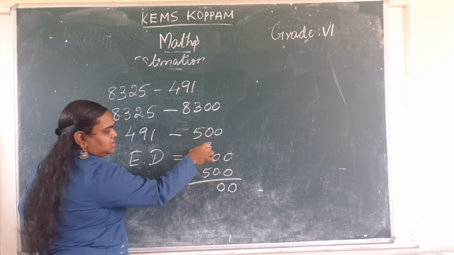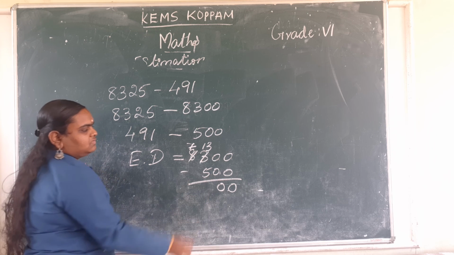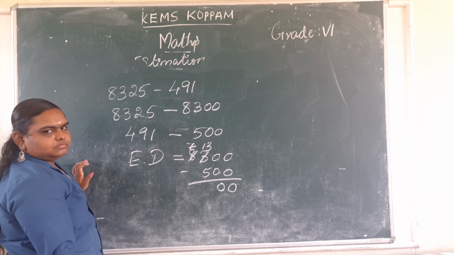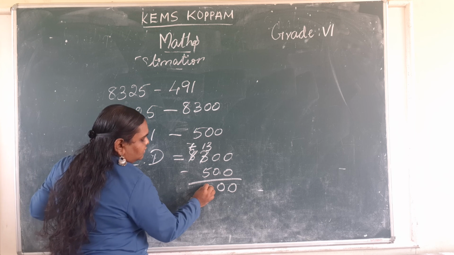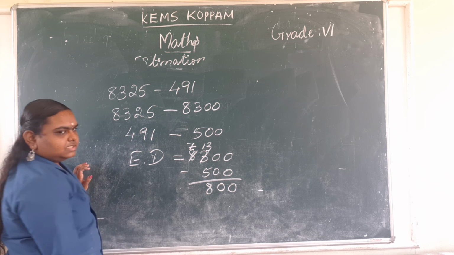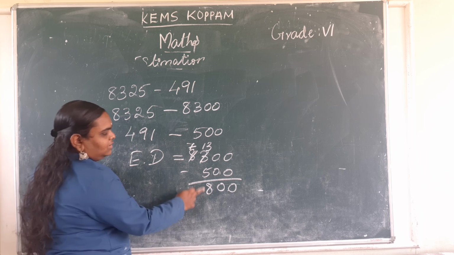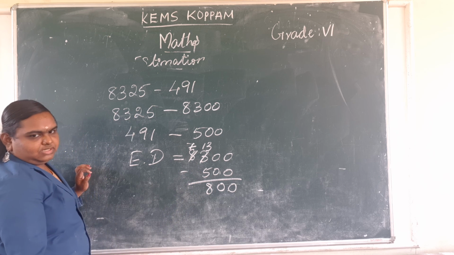So 3 will be changed into 13 and here will be 7. So 13 minus 5 is equal to, tell me, is it right? Yes. So 8, and 7 minus 5 is 2.